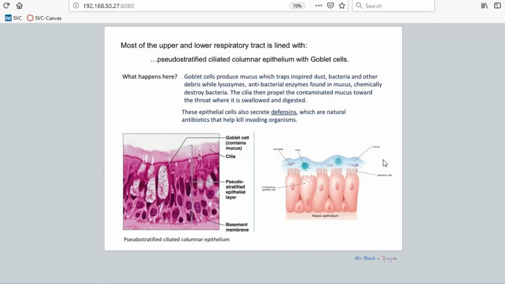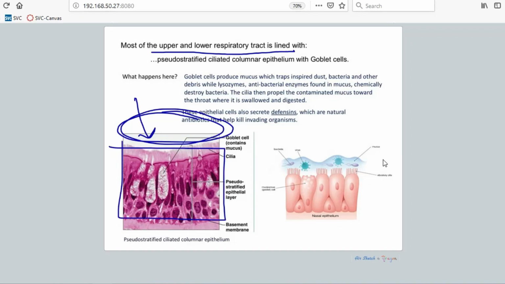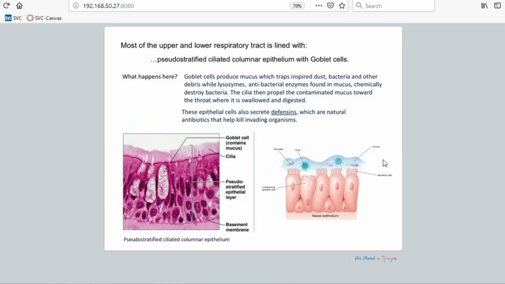Now, most of both the upper and lower respiratory tract is lined with this epithelium right here. This would be the lumen of the trachea, and it's lined with this epithelium. What is that epithelium? Pseudostratified ciliated columnar epithelium with goblet cells.